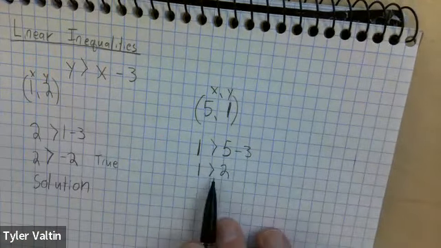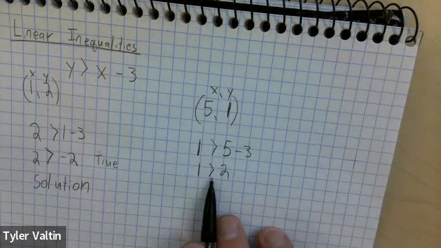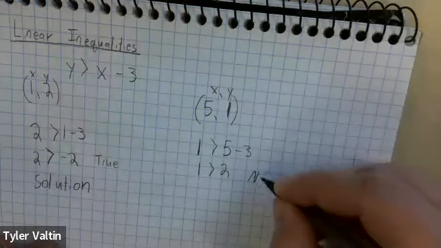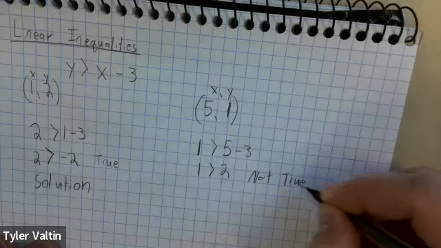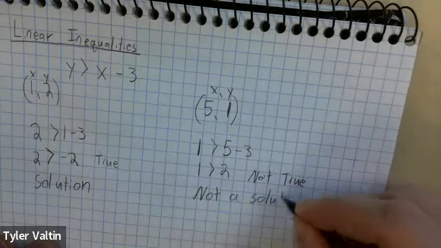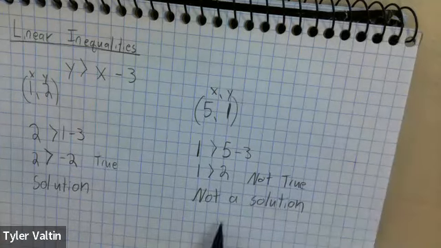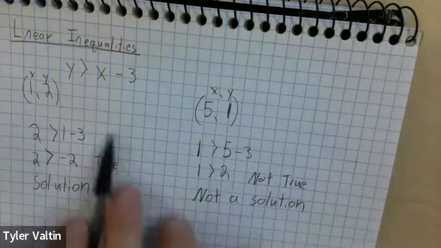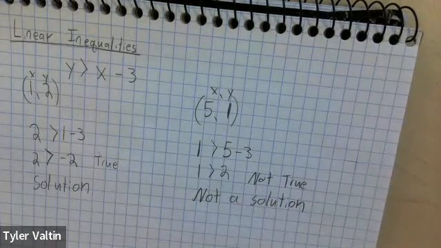That is not a true solution. 1 is not greater than 2. 1 is less than 2. So this is not true. So this is not a solution. This is 5, 1 is not a solution to this particular inequality.